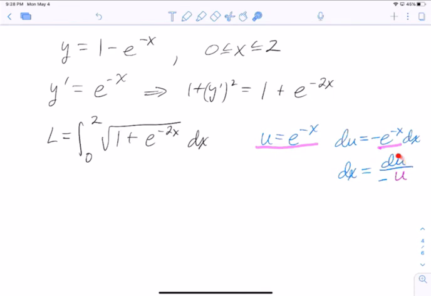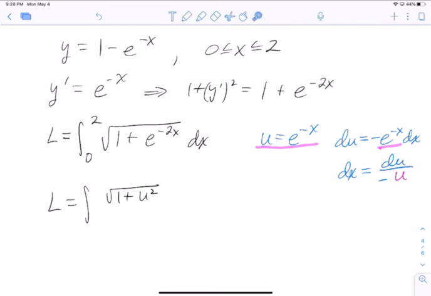On the side where I have u, I'm using the relationship u equals e to the negative x, so I haven't mixed my variables. The result is that I can write down the integral as the square root of 1 plus u squared.